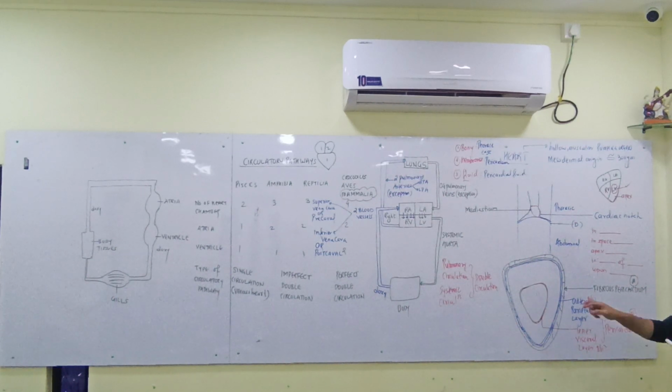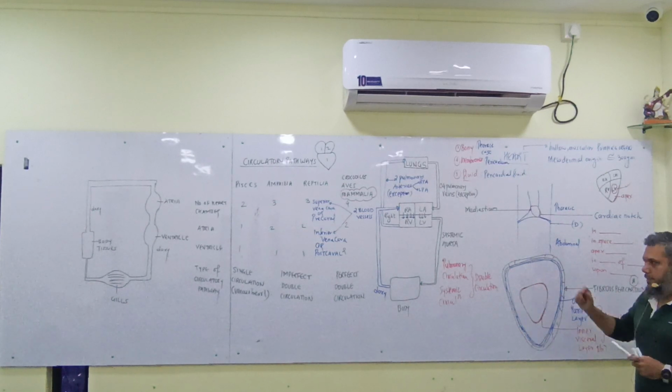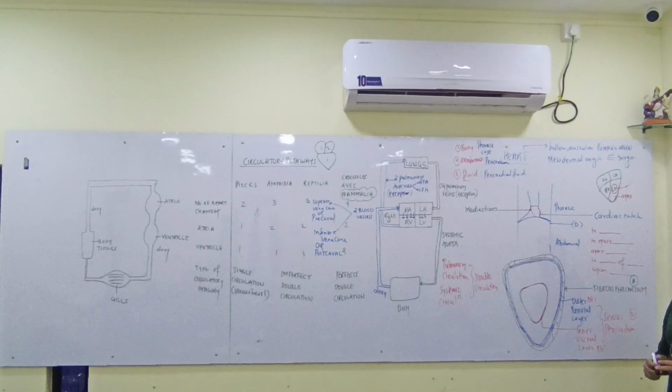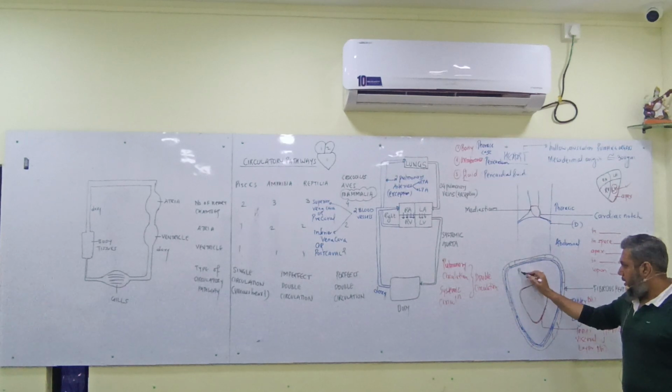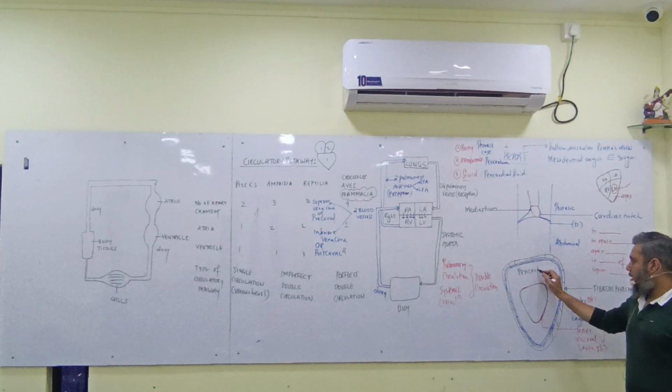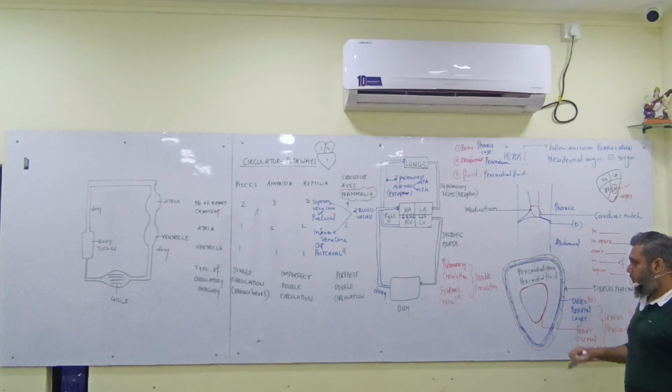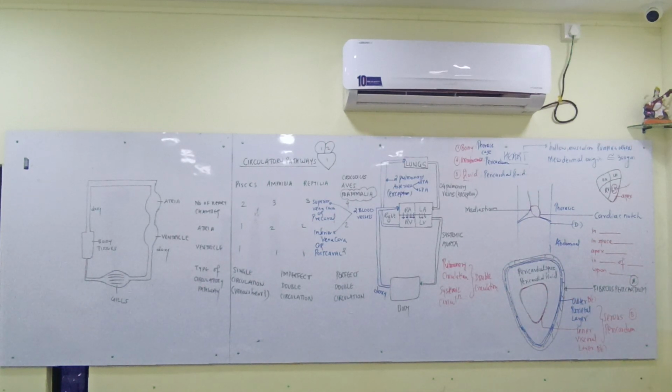And between the parietal and the visceral, we see the presence of a space that is called the pericardial space, that is filled with the pericardial fluid, which is a shock absorber and will prevent friction when the heart undergoes contractions and relaxations.